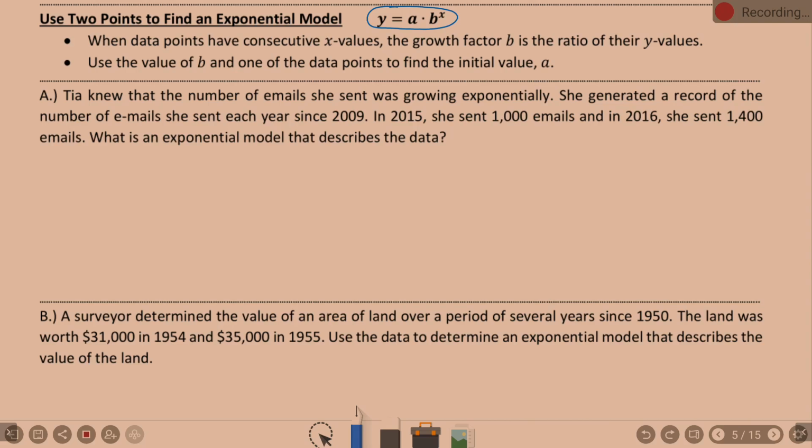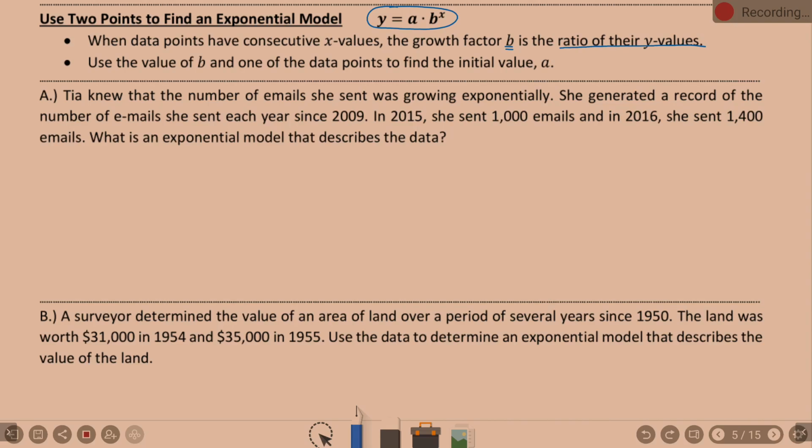When data points have consecutive x values, you guys know the word consecutive? One after the other. Two things are consecutive if they're right after one another. So 3, 4, 5 are consecutive numbers. When data points have consecutive x values, the growth factor b is the ratio of their y values.